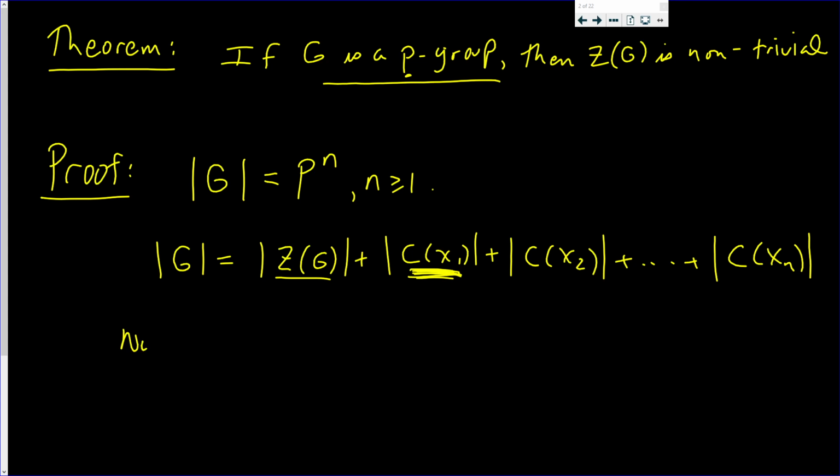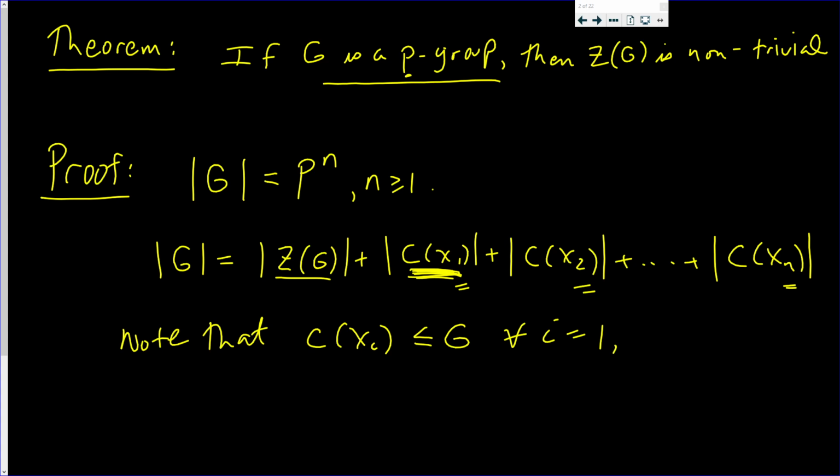Okay, note that the class, not the order, note that the class of xi is a subgroup in G, and this is for all i, 1, 2, up to n.